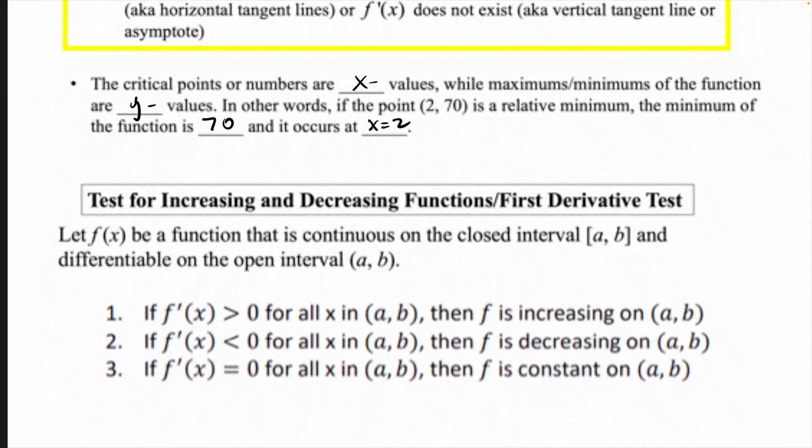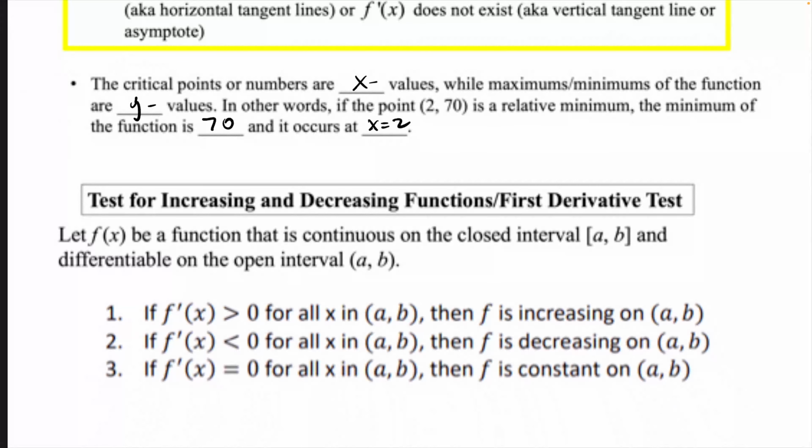So where are those guys? How do we know, without looking at a picture, that it's a maximum or minimum? Well, we said if the function changes direction, if it goes from a positive slope, increasing means positive slope, right? Decreasing means negative slope. If it changes, there has to be a 0 somewhere in there.